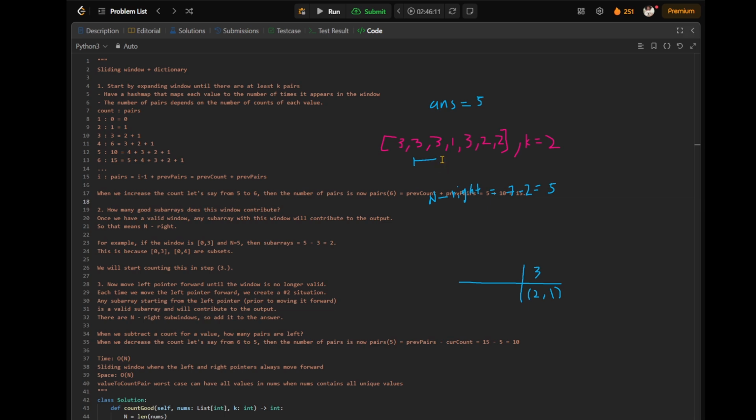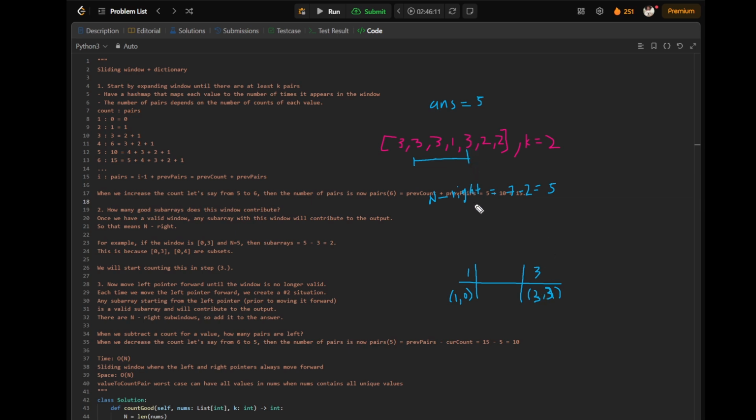So now it's invalid, and now add 1 in. A count of 1 1 and 0 pairs with 1. And this is still invalid, and add 3 in. So now we have 3 3s, which gives us 3 pairs, and now it's valid again because k is 2 and this is greater than or equal to 2.